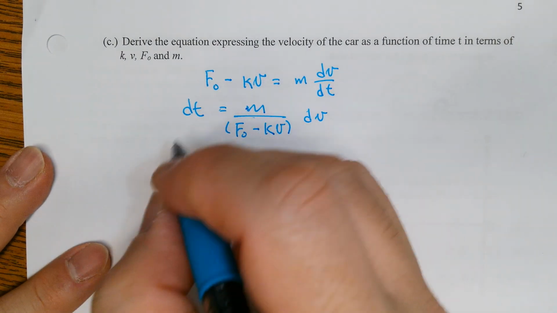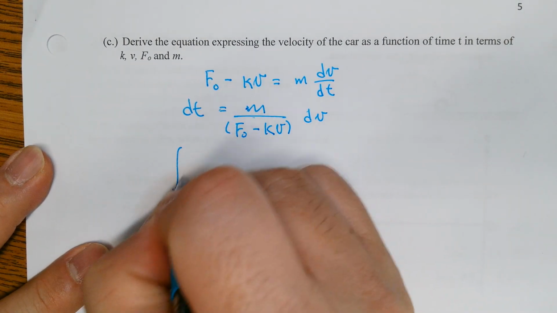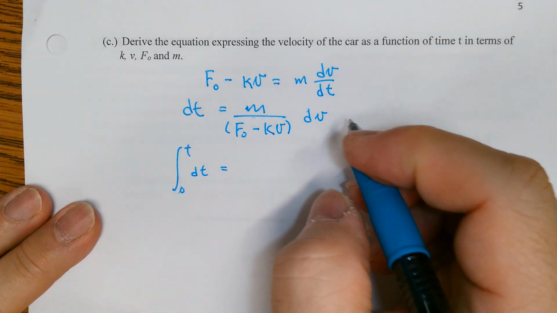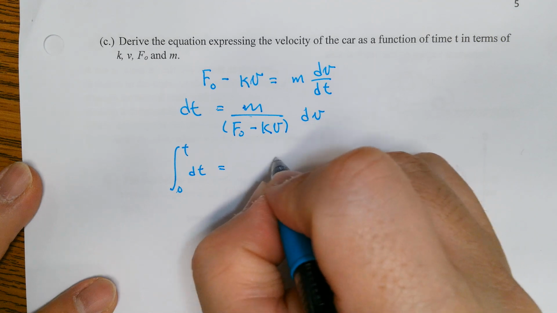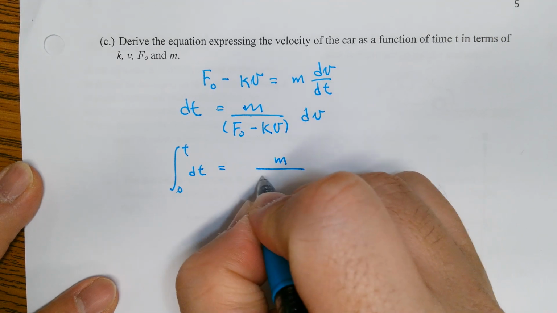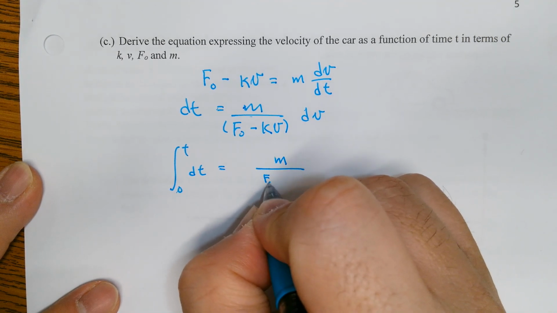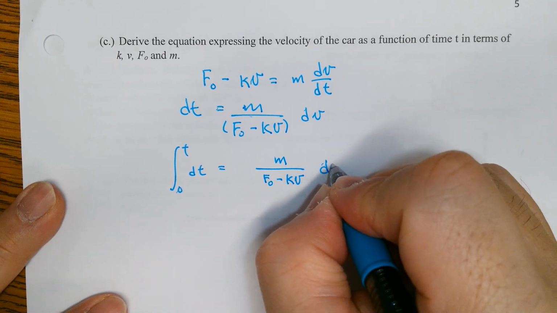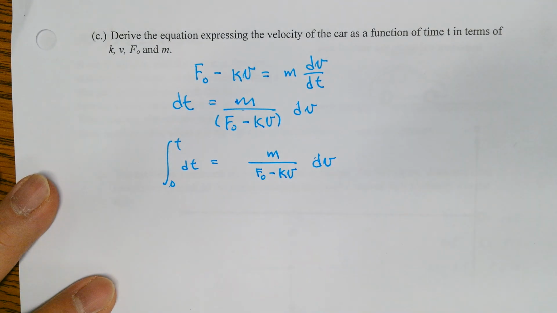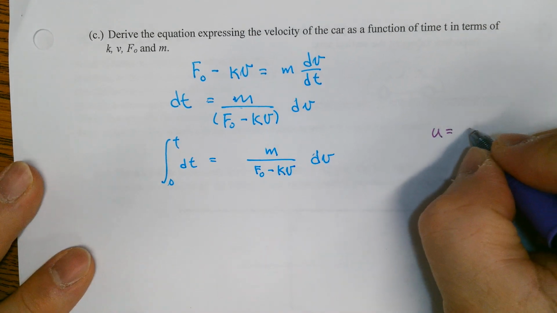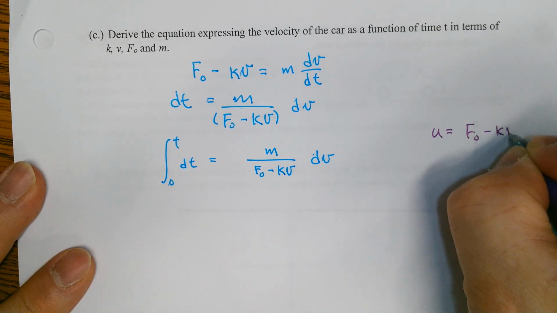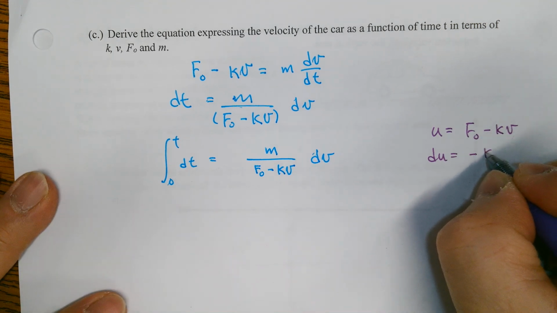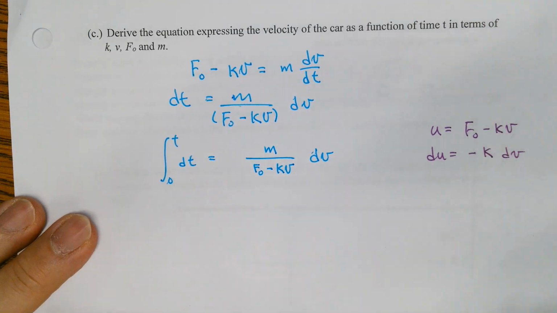So if we integrate both sides, we're going to get, from 0 to t, dt is equal to, again, m over F naught minus kV times dv, where u is equal to F naught minus kV, and du is equal to negative k dv, right?